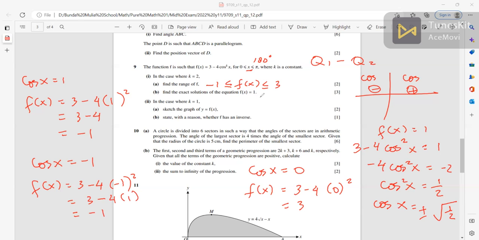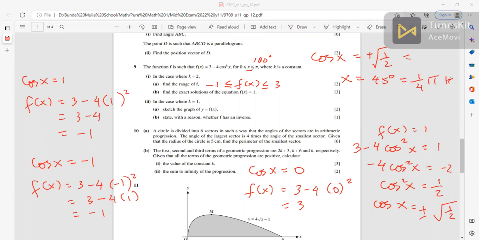So let us say when cos x equals to positive square root of half, we shall get x as 45 degrees, or we can call it 1 over 4 pi radian.